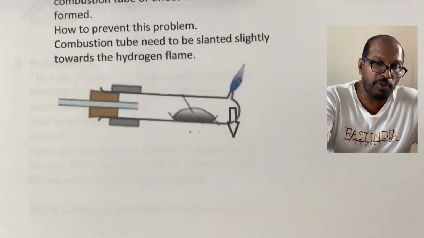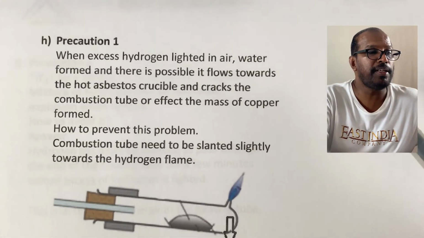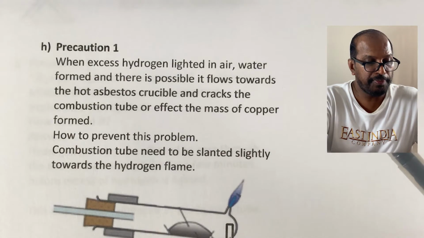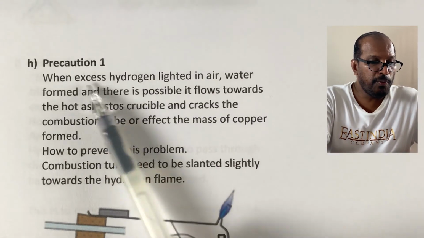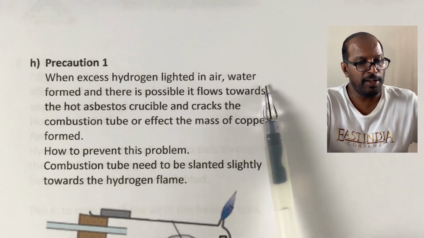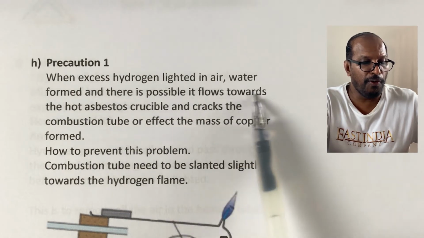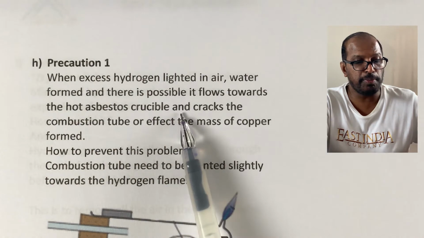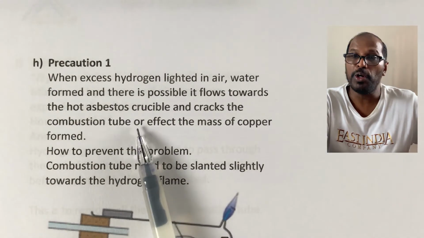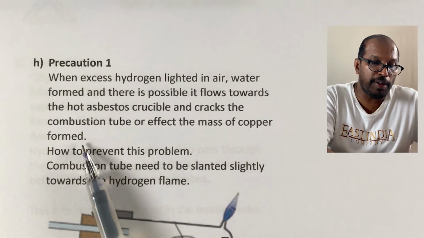And some of the precautions of this experiment. So precaution number one: when excess hydrogen is lighted in the air, water forms, and it is possible that it flows towards the hot asbestos crucible and cracks the combustion tube or affects the mass of copper formed.